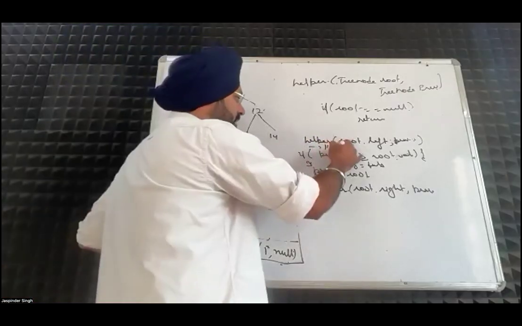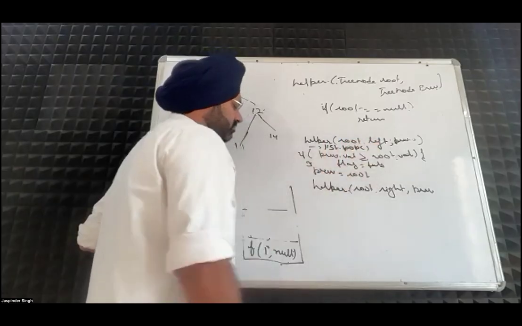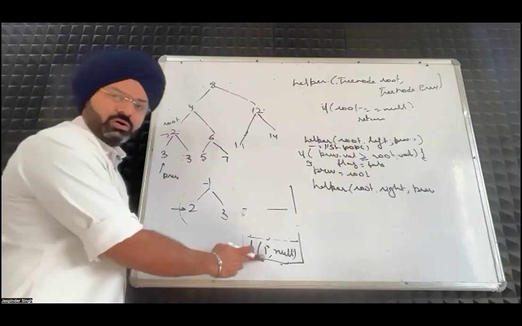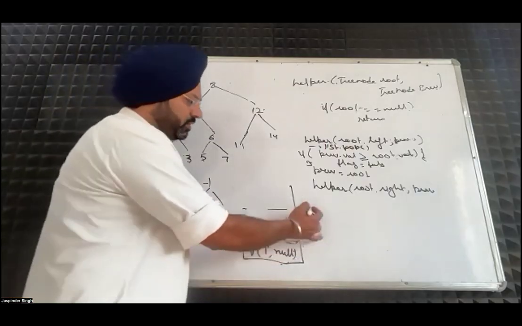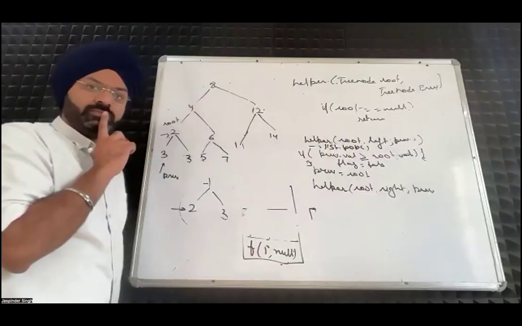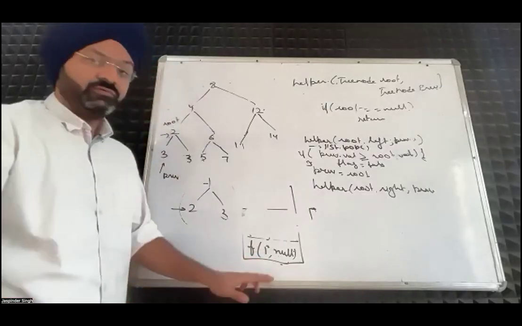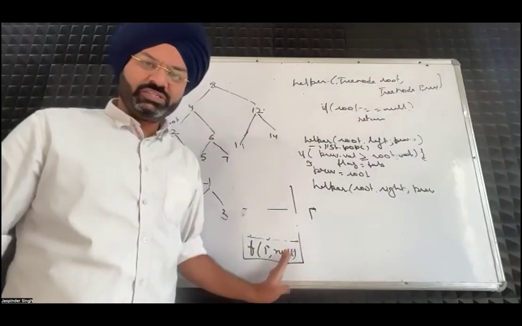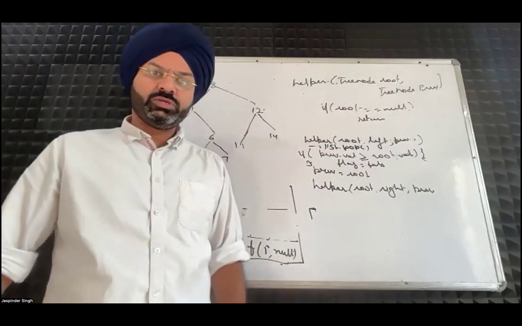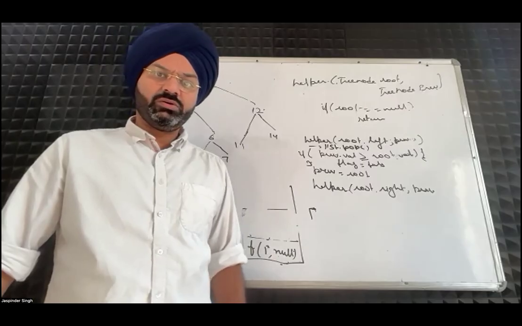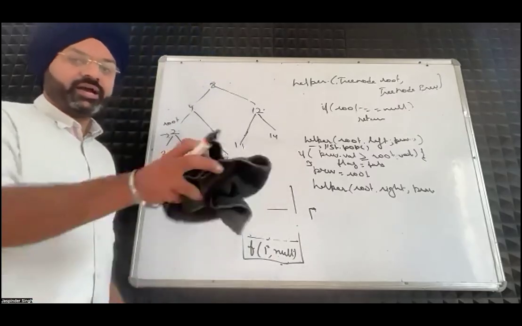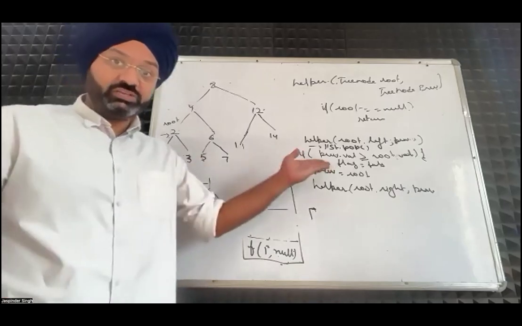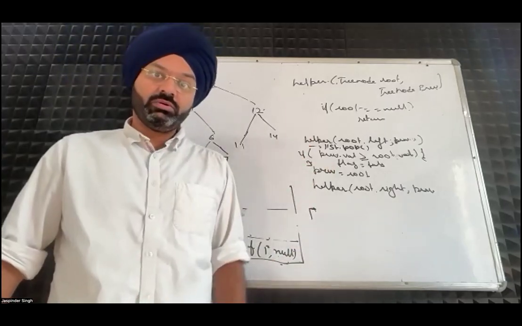When the stack.pop has happened, what is your root now? 1. What is your previous now? 1 is to 1 mapping, no? Root is 1. Previous is what? Null. Your whole effort of making the previous equal to 2 over here went away. There is nothing wrong.